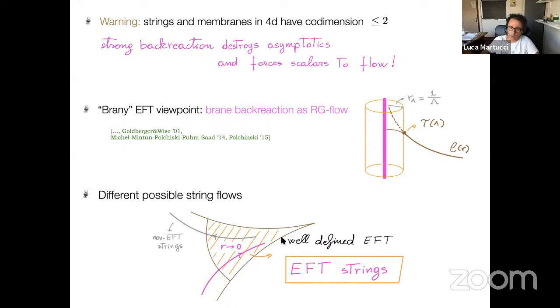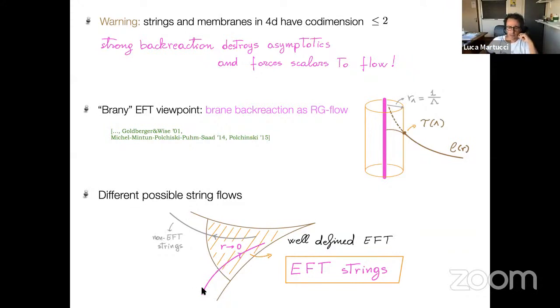So such strings admit very naturally an EFT description. Basically, we want to define the effective field theory at some cutoff scale. So we are interested in the behavior of the fields as they approach the string, particularly at the cutoff length scale at which we are defining our effective field theory. And so we need the theory to be weakly coupled very close to the string at this minimal cutoff scale.